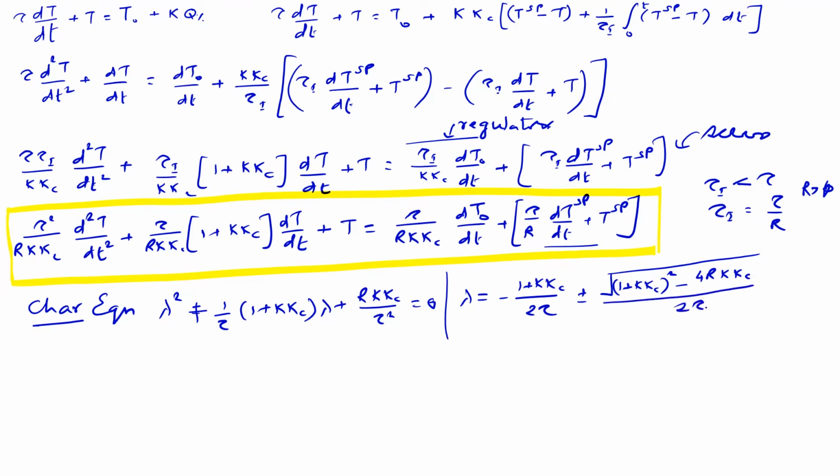So these are the two roots, and there are several possible scenarios, so we'll take the case where the determinant is less than 0, so you get imaginary roots.